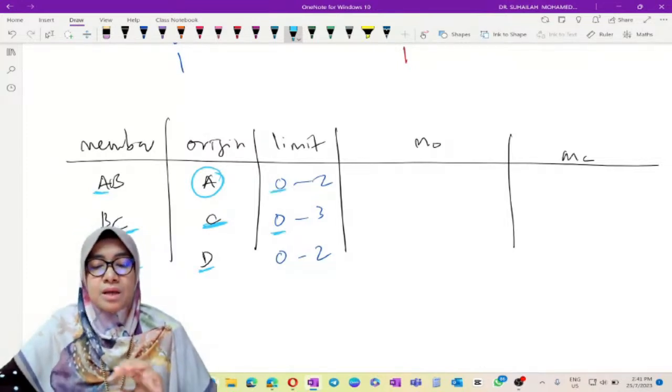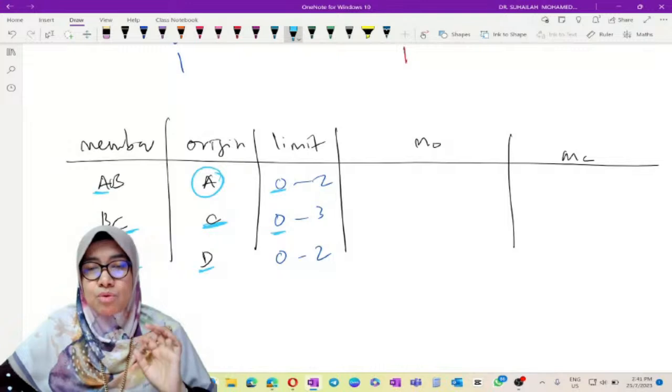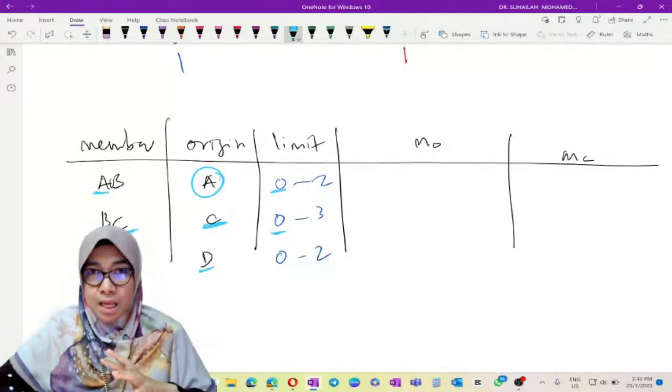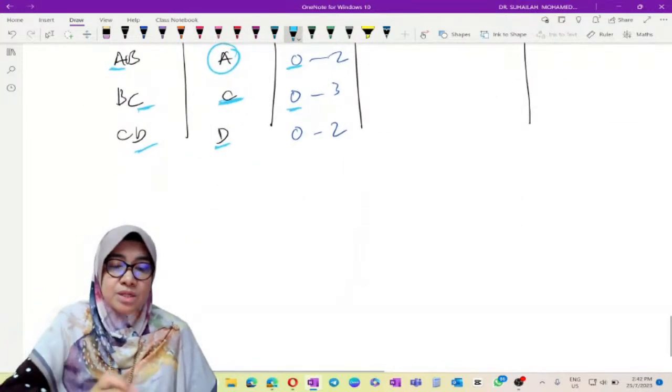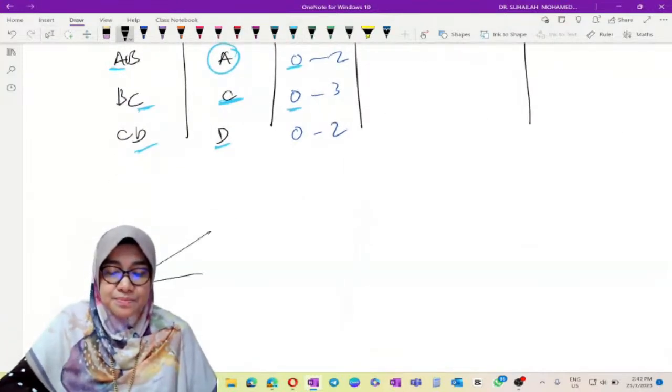Now we will write the moment equation for member AB with origin A. Member AB with origin A looks like this.